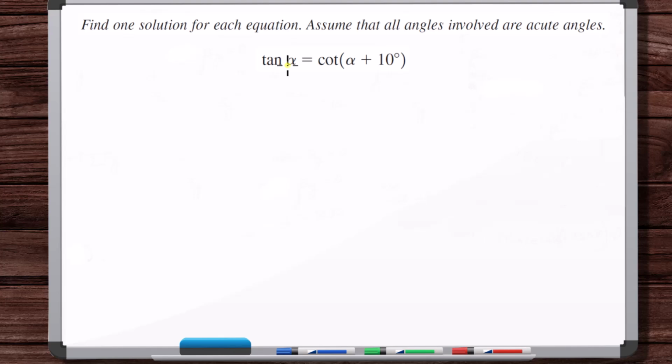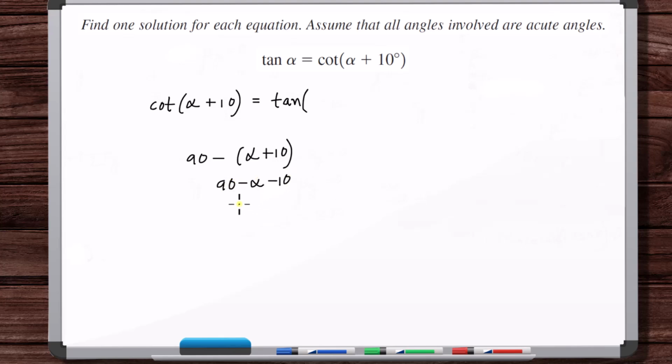What we want to do is convert cotangent of alpha plus 10 to the tangent of something. Well, that's going to be what? It's a cofunction pair, you just do 90 minus alpha minus 10, so 80 minus alpha. So this is equal to 80 minus alpha.